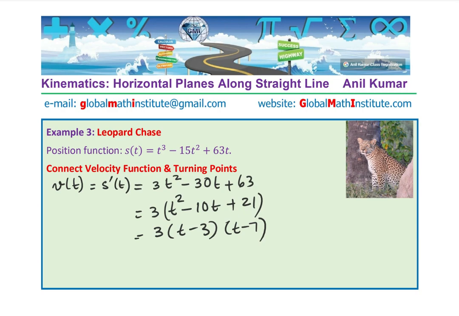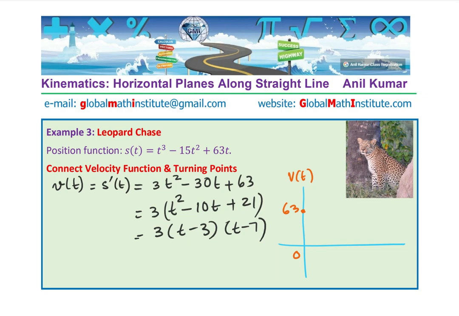So if you visualize this, what do you get? Let's do that also. So, of course, when I put t equals 0, then the velocity is 63, right? So let's say this is 63. This is at t equals 0. We're trying to figure out the velocity function. Now it has two zeros, one at 3, the other one at 7, right?